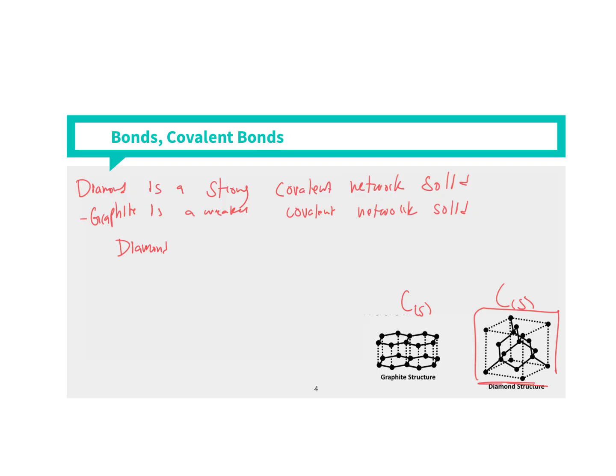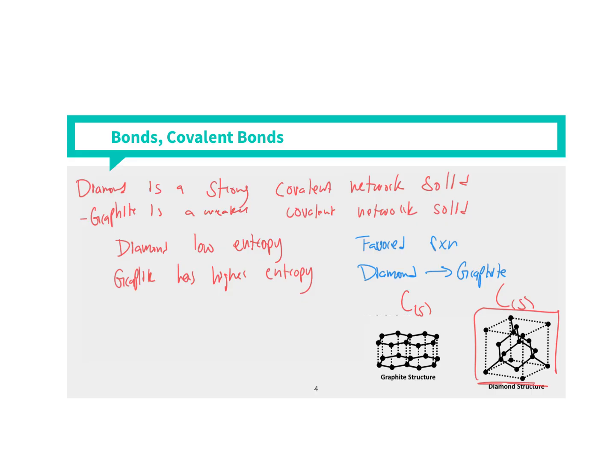So diamond, as you can see, is a really, really ordered structure, and so it has a low entropy. In other words, it's really, really ordered. But graphite has a higher entropy. In other words, the preferred reaction, or the thermodynamically favored reaction, is to go from diamond to graphite because of this entropy.